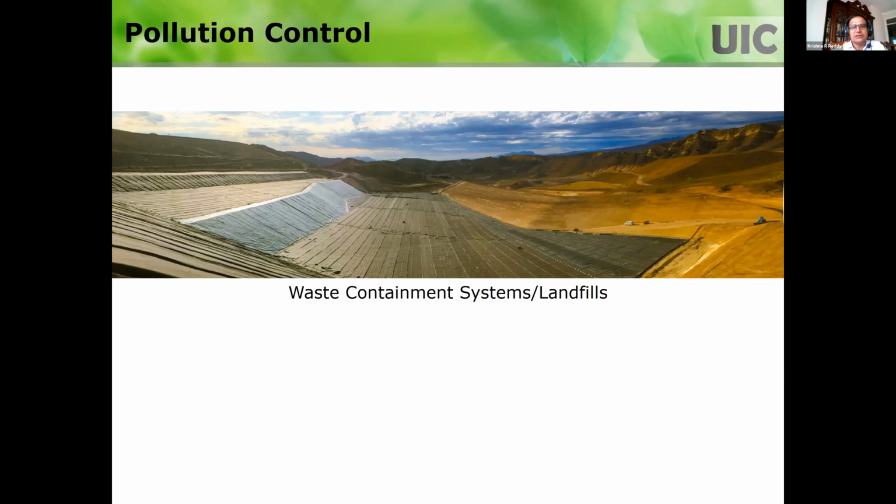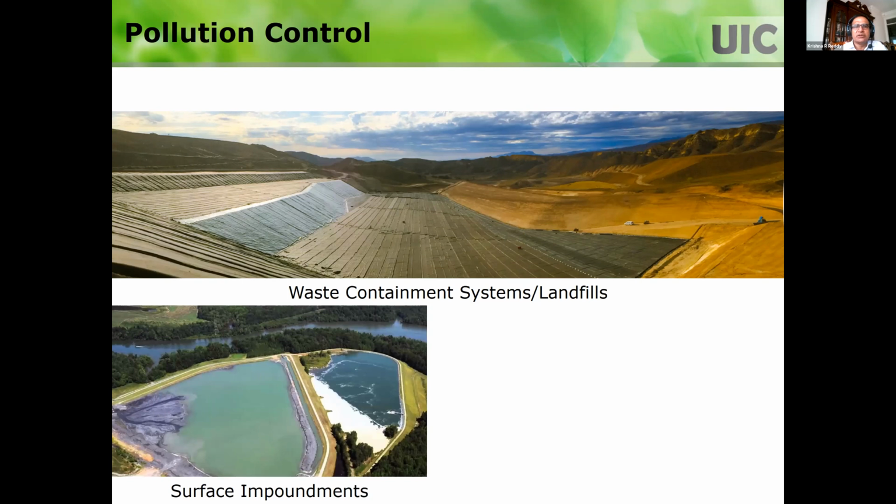The design of these liner systems is geoenvironmental engineering. Here we're trying to control the pollution, right? If we didn't have these liner systems, contamination would have seeped into the ground and spread all over. So these are pollution control systems.